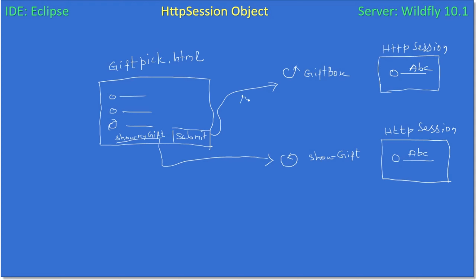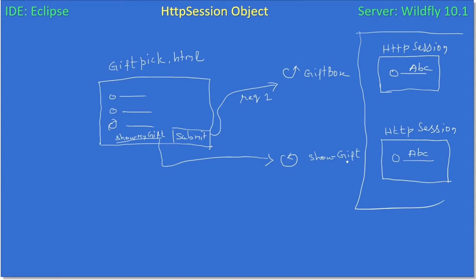So this will be request 1. We know that the HTTP connection between server and client, the request scope will get destroyed when the server responds back. So when a new request goes, this is the server, right? The Wildfly server or any other server, Tomcat or whatever it is.